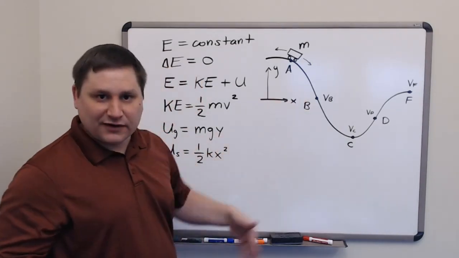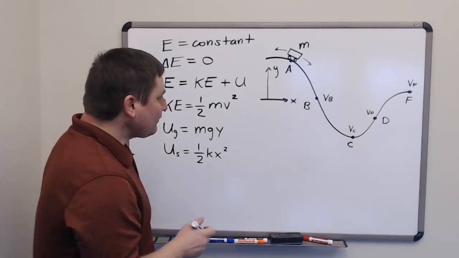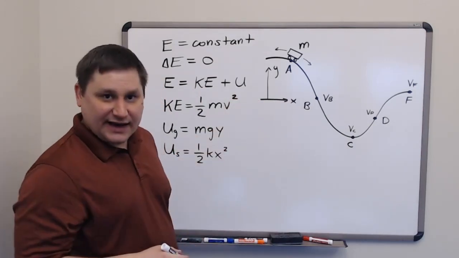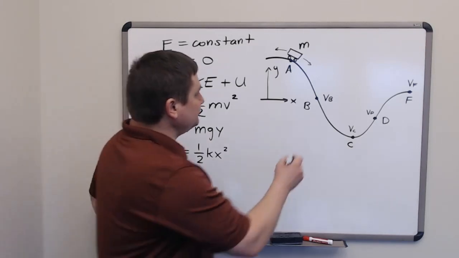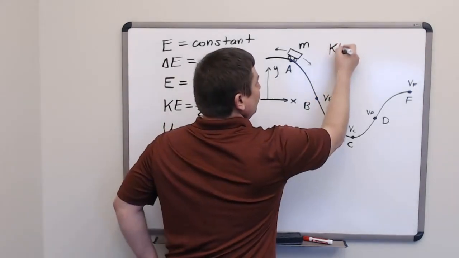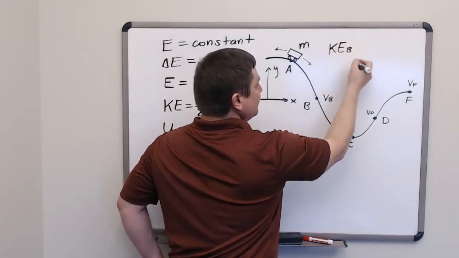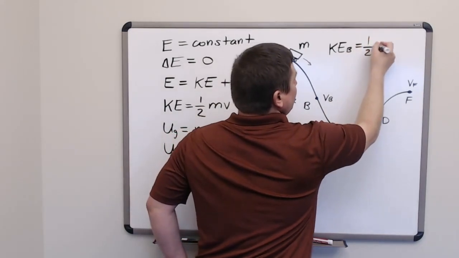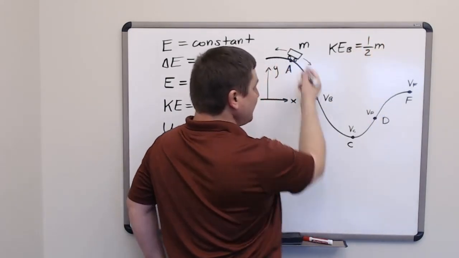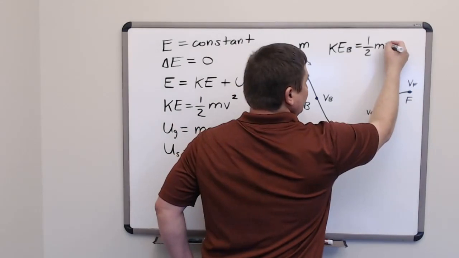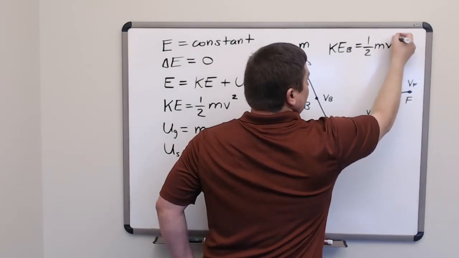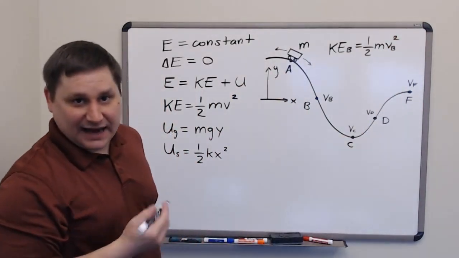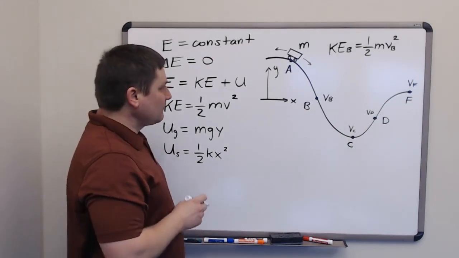And these may all be different, or some of them might be the same. So that basically handles the kinetic energy at each point. For example, at location B, we would have 1/2 times the mass of the object, which doesn't change from point to point, times the speed of the object squared at that location.